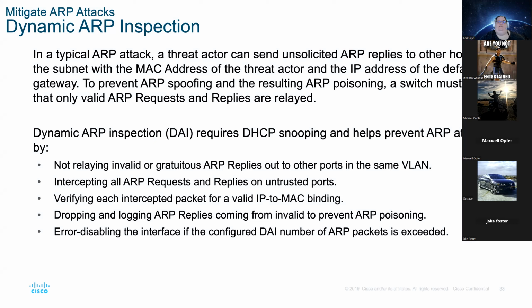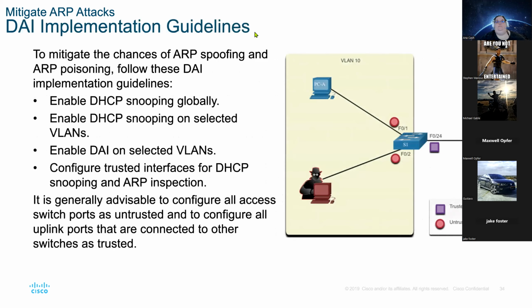So dynamic ARP inspection requires DHCP snooping and helps prevent ARP attacks by not relaying invalid or gratuitous ARP replies out to other ports in the same VLAN, intercepting all ARP requests and replies on untrusted ports, verifying each intercepted packet for valid IP to MAC bindings, dropping and logging ARP replies coming from invalid bindings to prevent ARP poisoning, and error disabling the interface if the configured DAI number of ARP packets is exceeded.